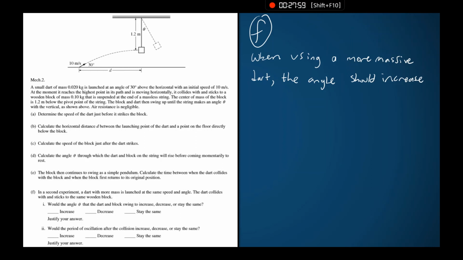Say that one more time. You're saying a more massive dart will have larger speed. Is that what I heard? We could put any dart of any mass at any speed, right?